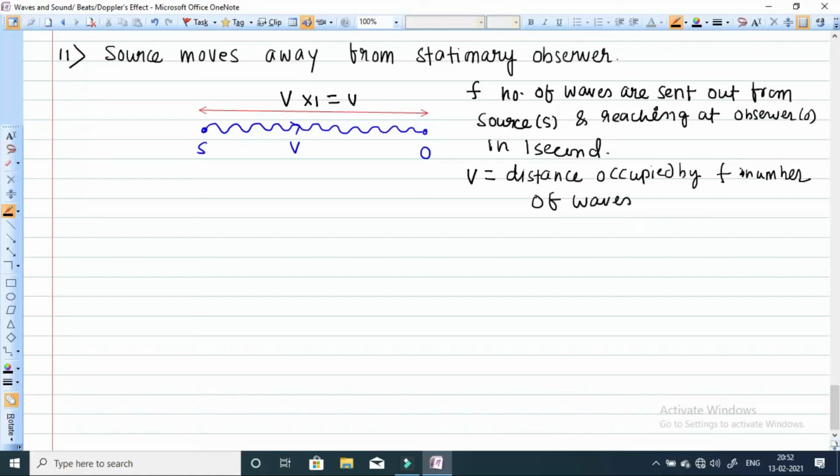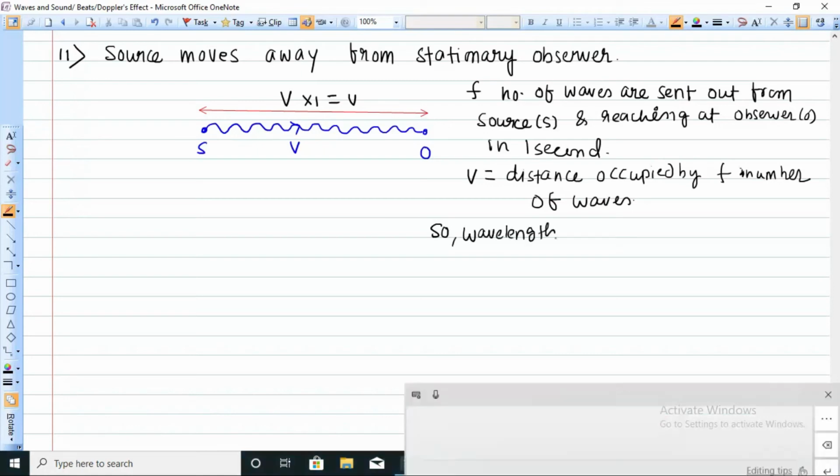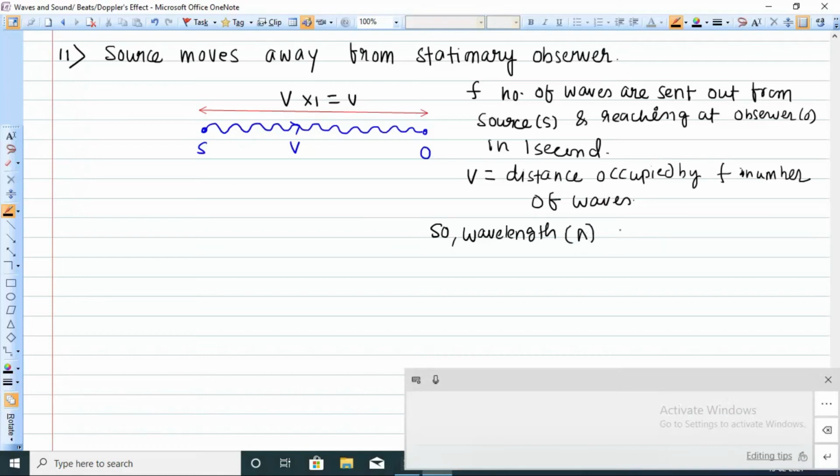In this case the wavelength lambda will be equal to v by f. In this particular case we can calculate lambda is equal to v by f.